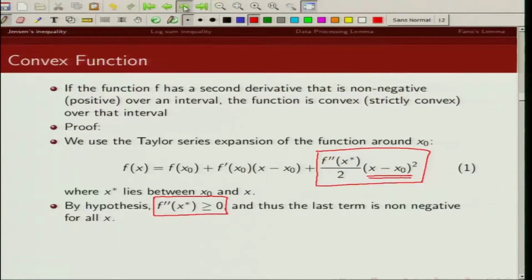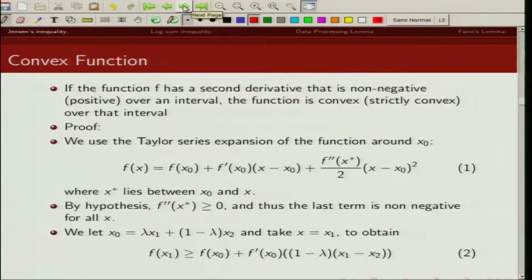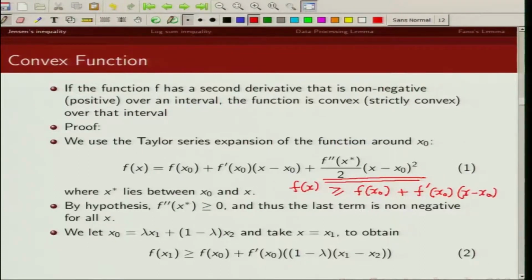So then what I can do is write f of x to be greater than or equal to f of x naught plus the first derivative of f evaluated at x naught times x minus x naught.